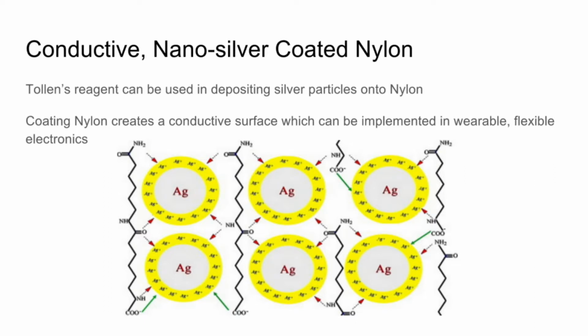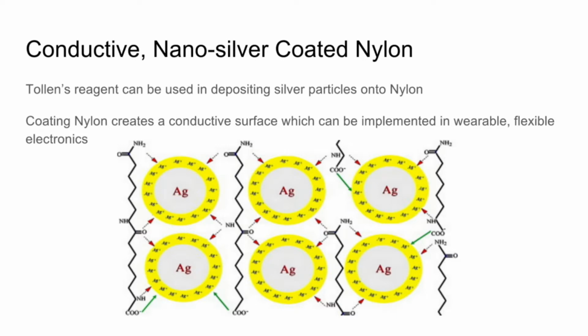The procedure for producing the silver layer is based on Tollens reagent, which acts as a reducing and oxidizing agent for silver ions and nylon fiber functional groups, respectively. These 2 functions of Tollens reagent eliminated the demand for additional chemical substances, resulting in a green, simple, and low-cost method for depositing silver nanoparticles onto nylon.